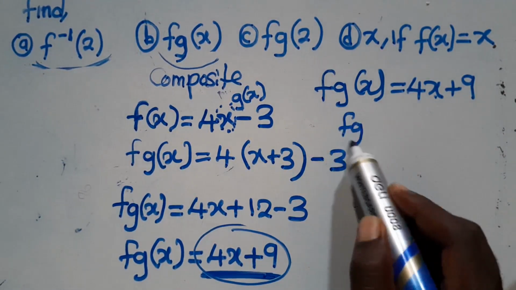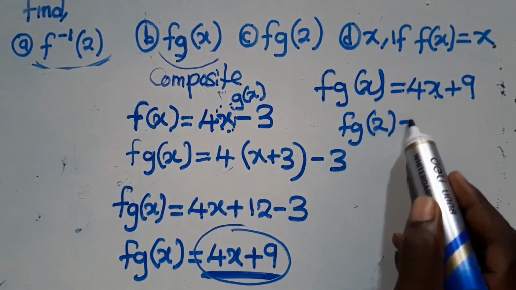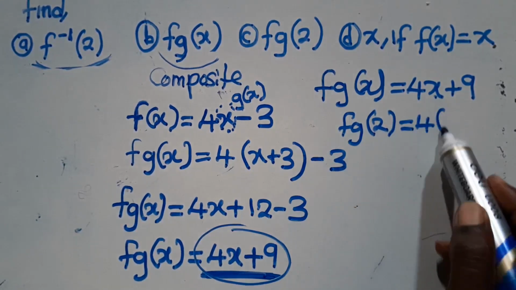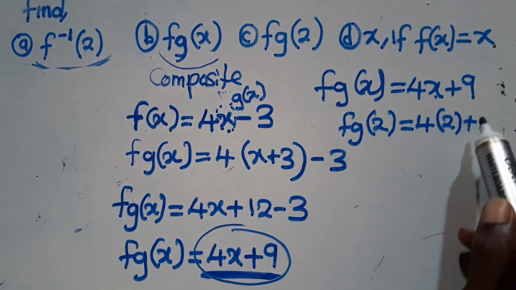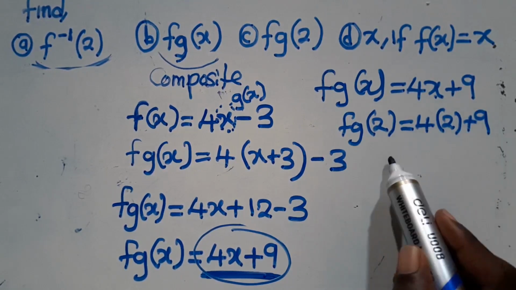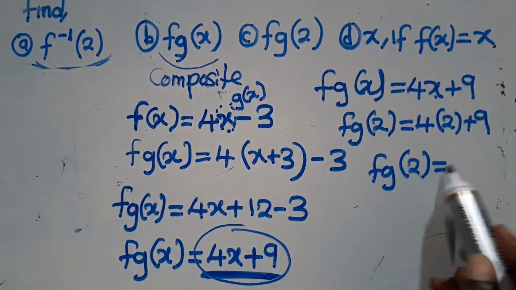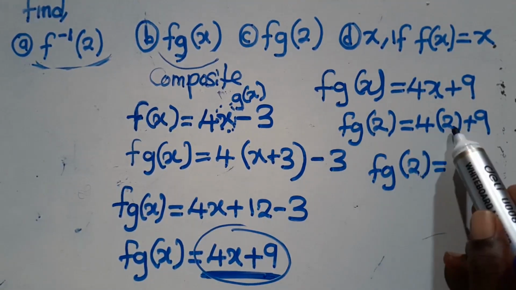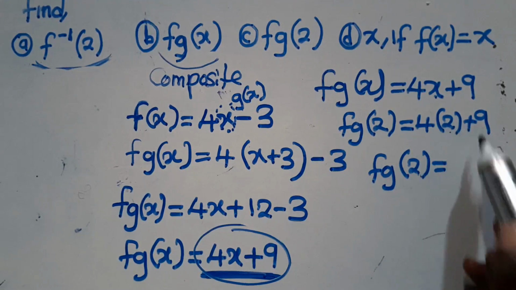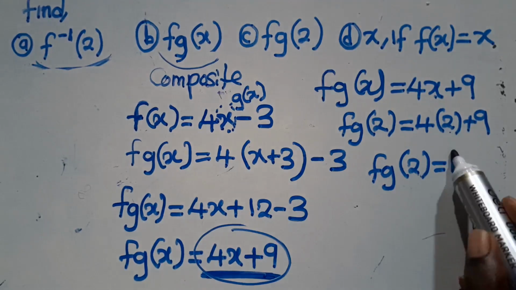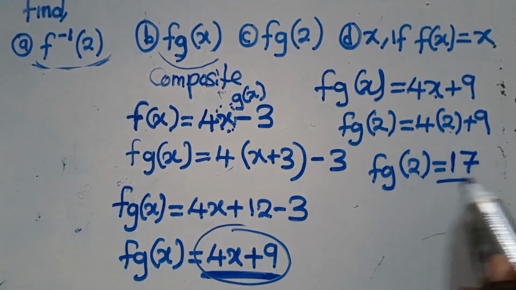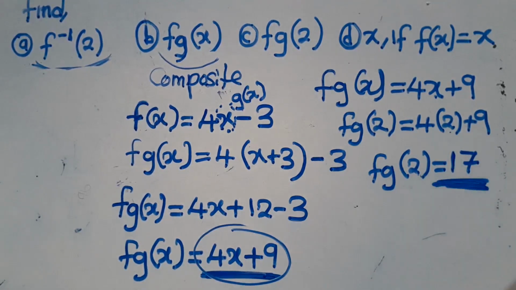So f of g of 2 is equal to 4 times 2 plus 9. What is 4 times 2? 8. 8 plus 9, we get 17 as our answer. So 17 is our final answer.